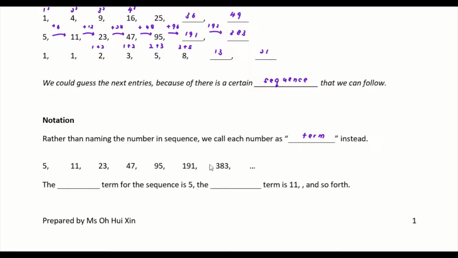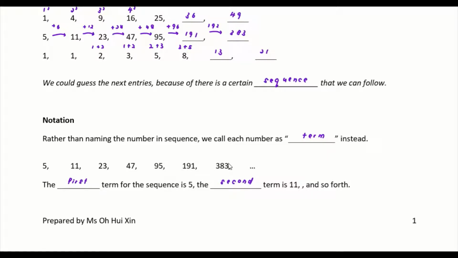So as we can see here, instead of calling this 5, we can denote it as the first term. So the first term of this sequence is 5. The second term of this sequence is 11, and so on. So this is the first term, second term, third term, fourth term, fifth term, and so on.